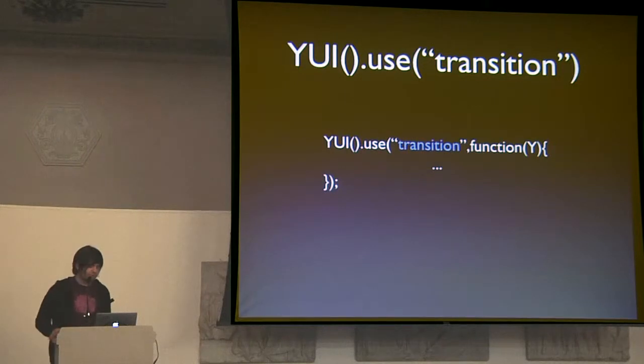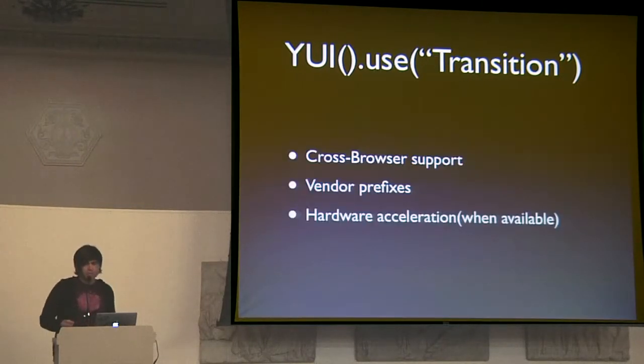All right, so let me talk about some of the modules and widgets that I think apply to mobile. The first one I'm gonna talk about is transition. The transition module lets you define some sort of visual representation or behavior when you move from point A to point B, or when you move an element from one state to the other.